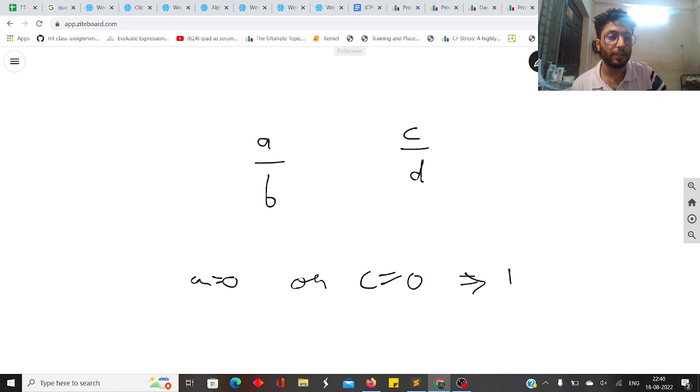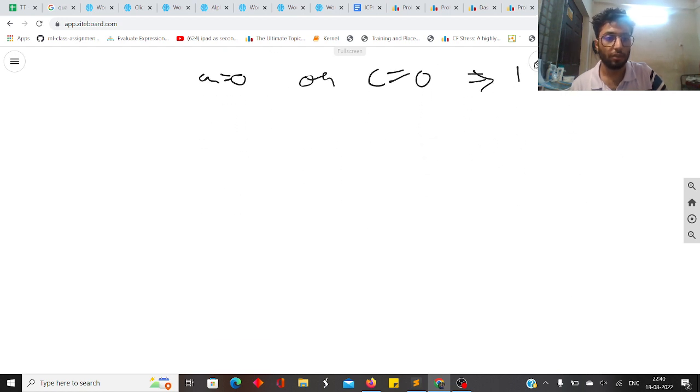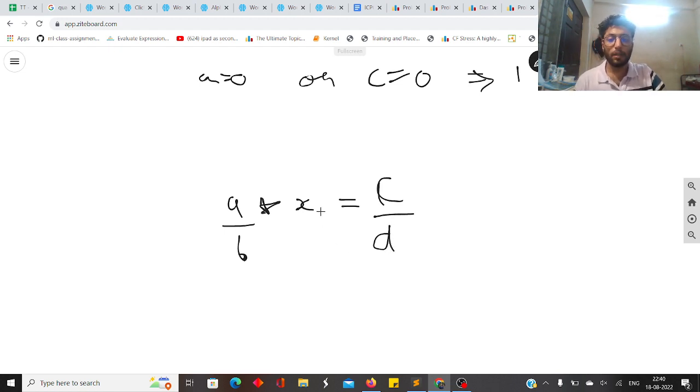And let us see when we can achieve the answer by one operation. Let us say that we multiply the numerator of a by b by some integer x, and that becomes equal to c by d. If you notice, multiplying the denominator of a by b with x is the same as multiplying the numerator of c by d with x.